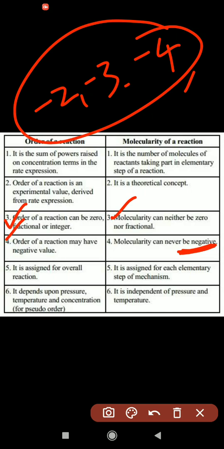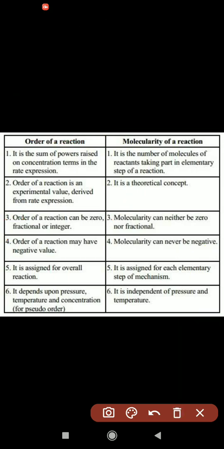Molecularity always has positive values only, +2, +3, +4 like that, because it is the number of atoms, molecules or ions taking part in the chemical reaction. So molecularity will always give positive values only, never negative values.